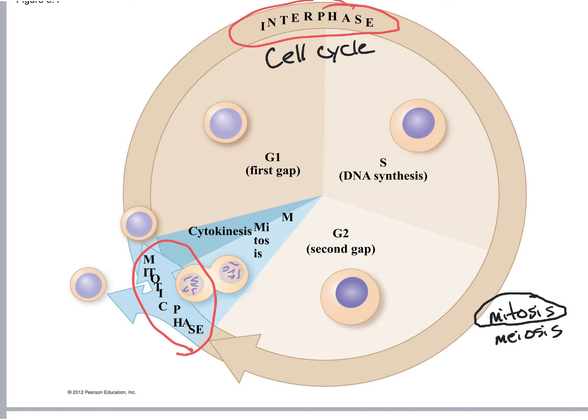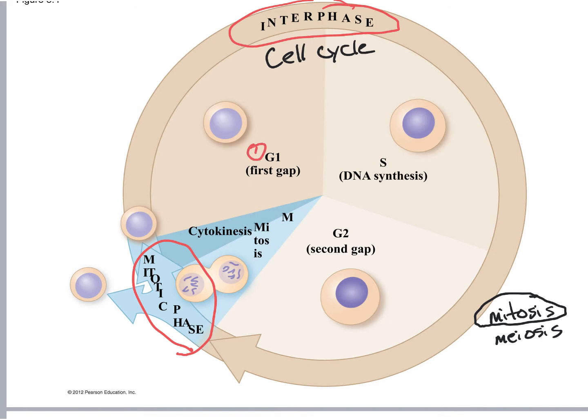In interphase, the cell is doing its daily activities. And in the mitotic phase, the cell is preparing to divide and make a copy of itself. We'll go over each one of these sub-phases in a little bit.